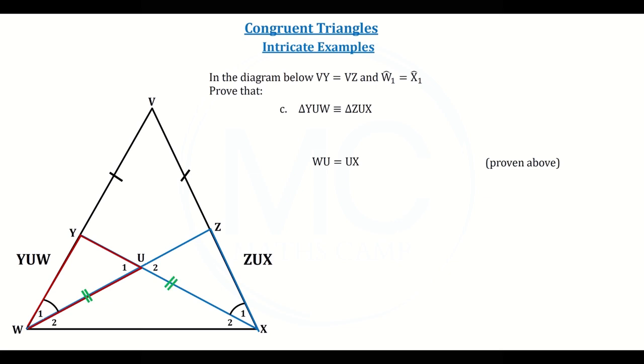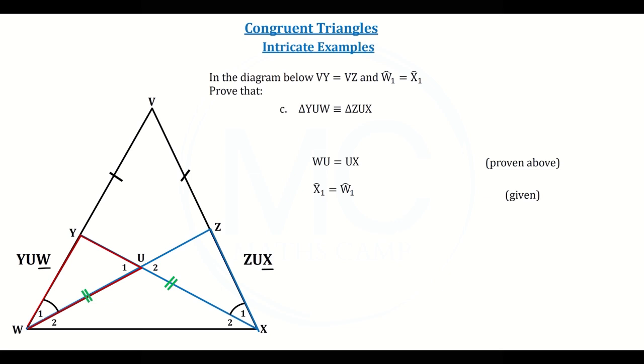We also know that angle X1 is equal to angle W1 because this has been given to us in the question. W is the last letter in YUW and X is the last letter in ZUX. So these are corresponding angles. Now we need to find one more pair of angles or one more pair of sides to prove that these two triangles are congruent.